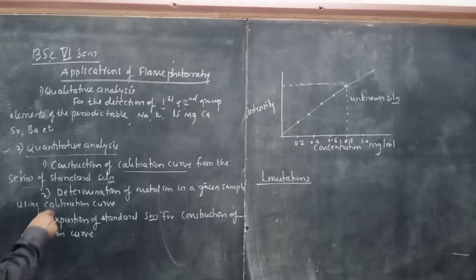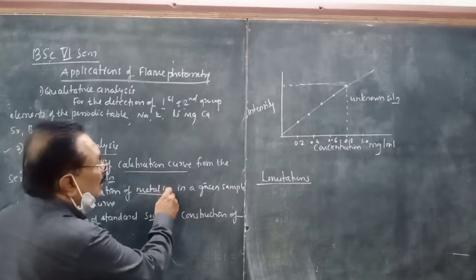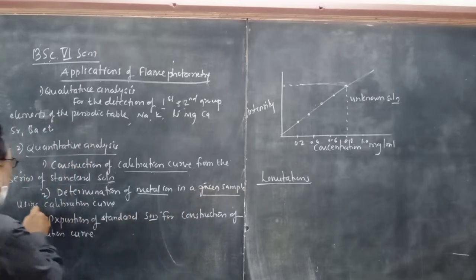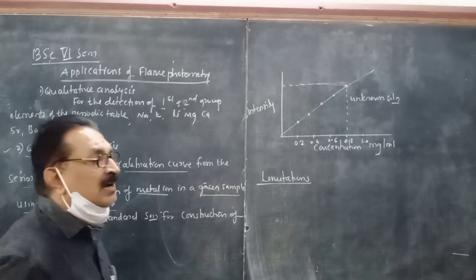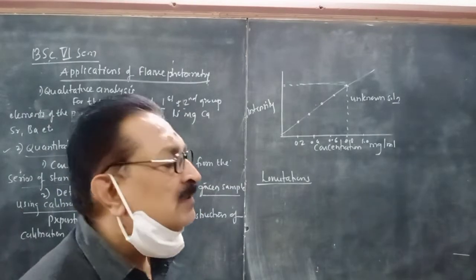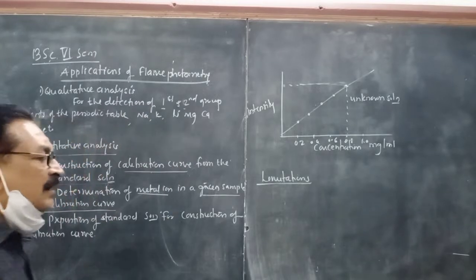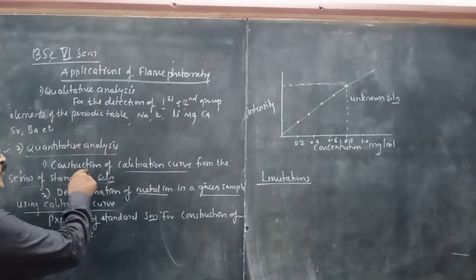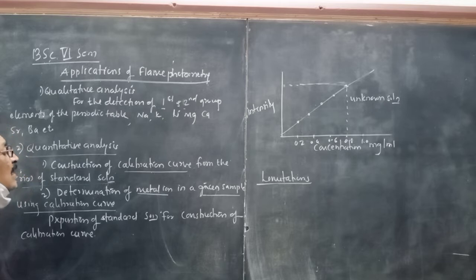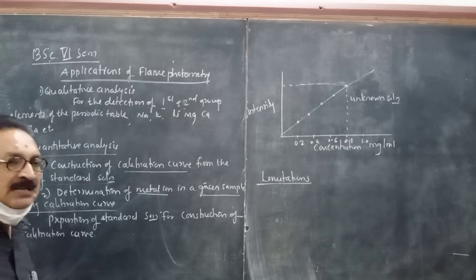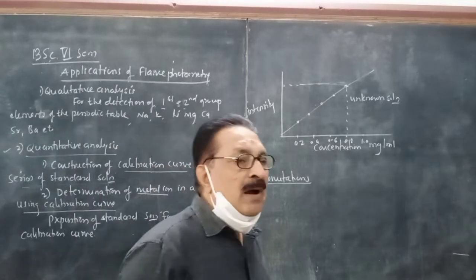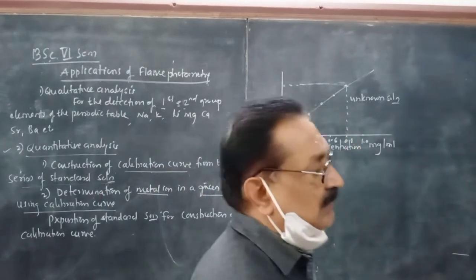The second one is determination of the metal ion in a given sample using the calibration curve. There are two points to be remembered here. First, you go for the construction of the calibration curve, and this can be done by using the standard solution.